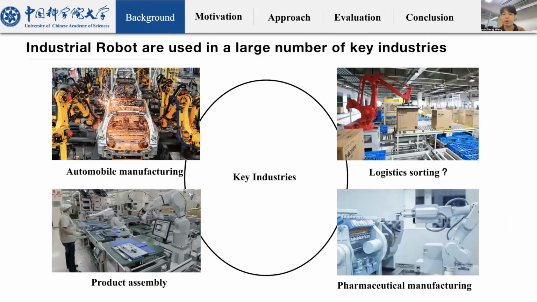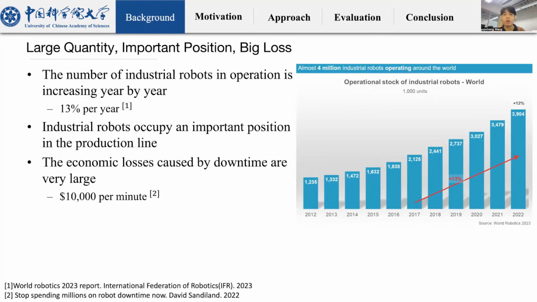Industrial robots are applied across a wide range of critical industries. They are often used in collaboration to create automated production lines, such as those found in automotive manufacturing, electronic assembly, pharmaceutical production, and logistic sorting. According to the 2023 World Robotics Report, the number of industrial robots worldwide has exceeded 3.9 million units.